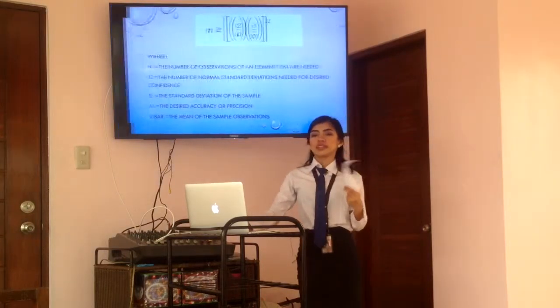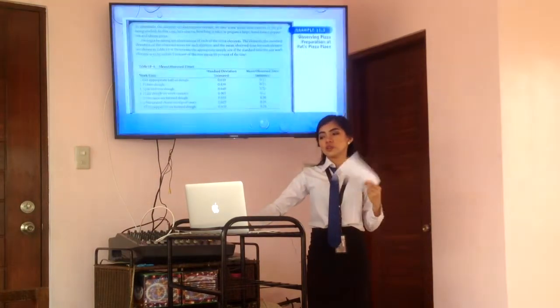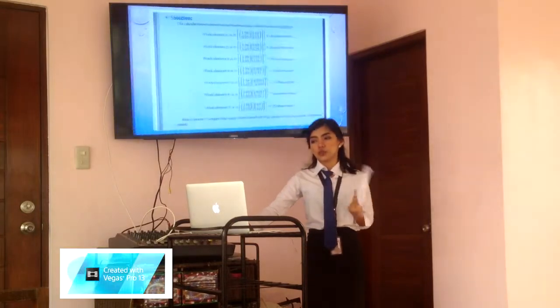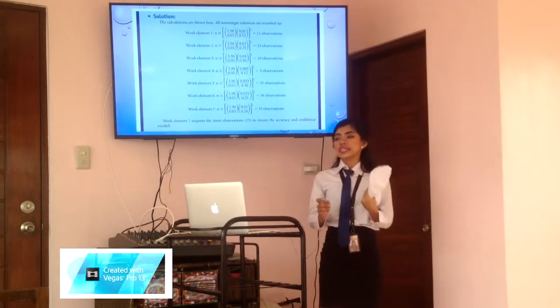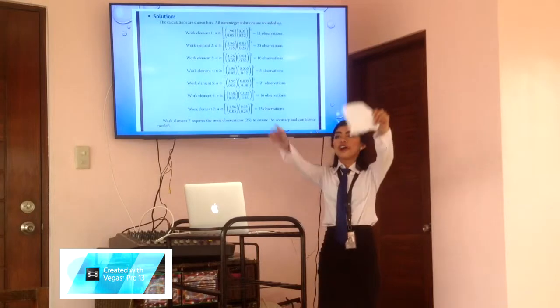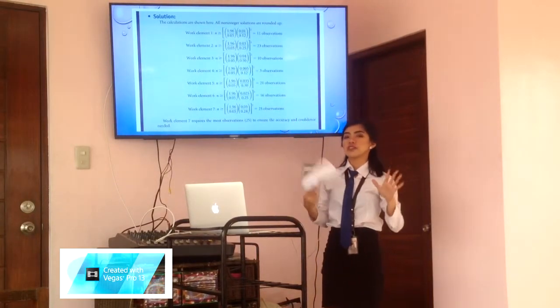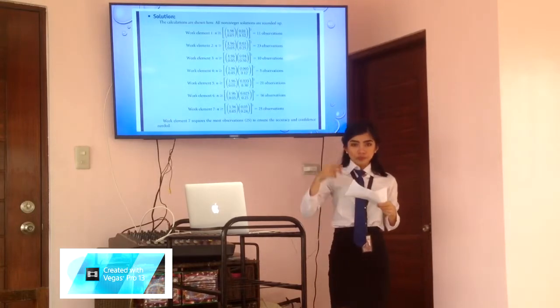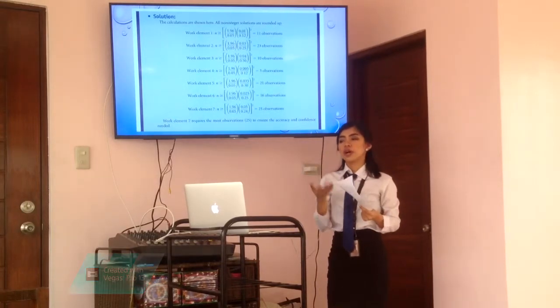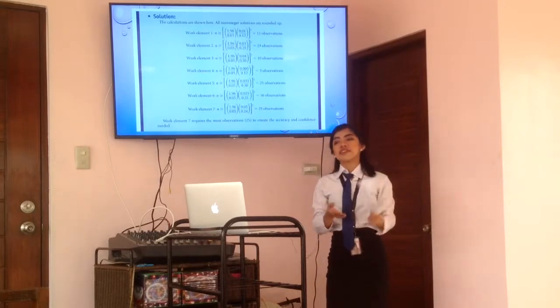So, let's try to apply it to work element number 1. For all of our elements, we're going to have a desired confidence level of 95%, which is equal to 1.96 in Z value.